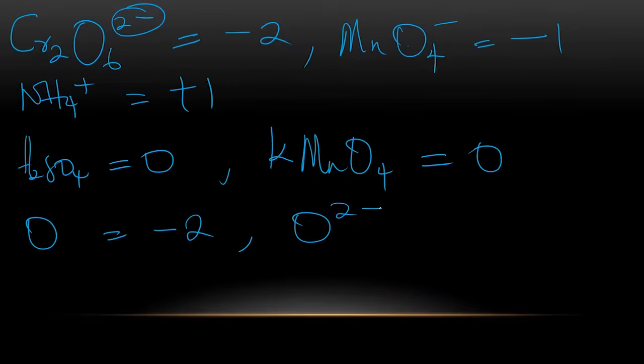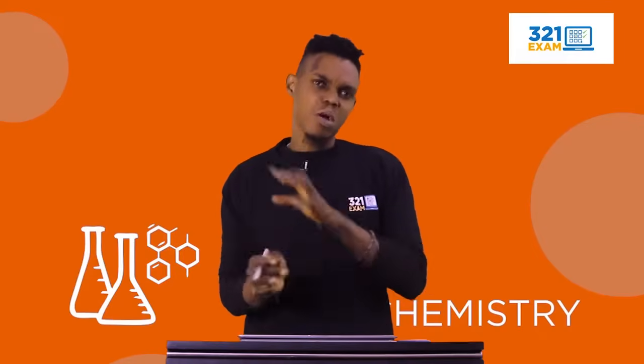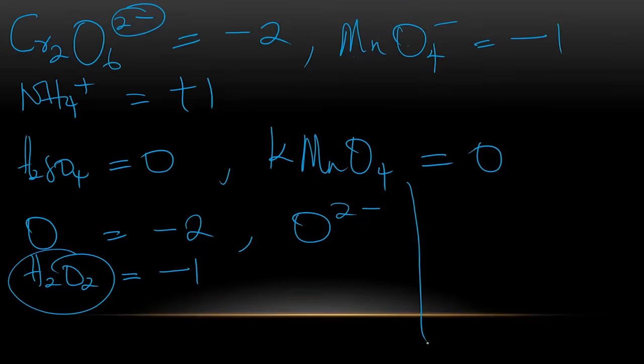But when oxygen is in a peroxide, this is an exception. For peroxides, for example hydrogen peroxide, H2O2, the oxidation number of oxygen is -1. So every compound that has oxygen, the oxidation number of oxygen is -2, but for peroxide it is -1.